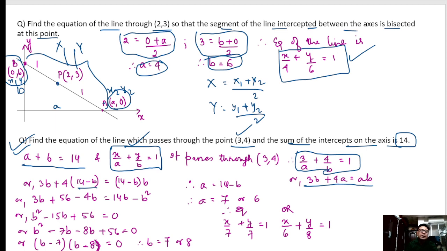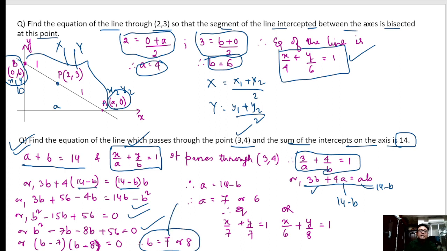Putting a and b in this equation, in place of a I will put 14 minus b. Making it a quadratic equation and solving it, we get b as 7 or 8.